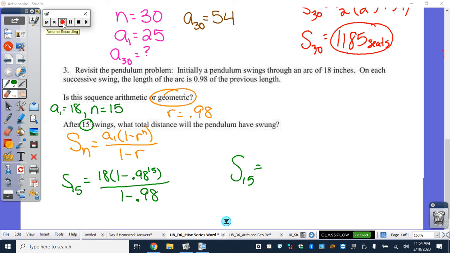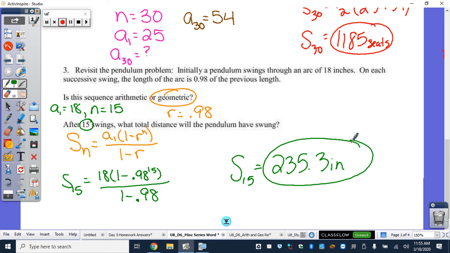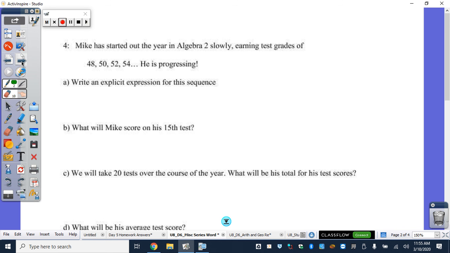Anybody get the answer yet? So after 15 swings, it has traveled 235.3 inches. All right, let's try another one.